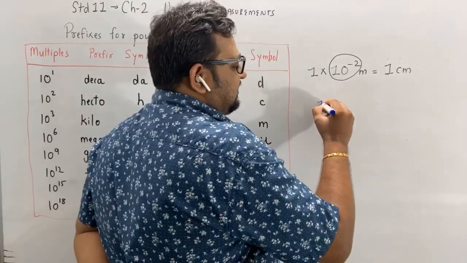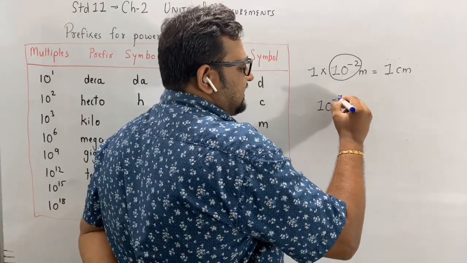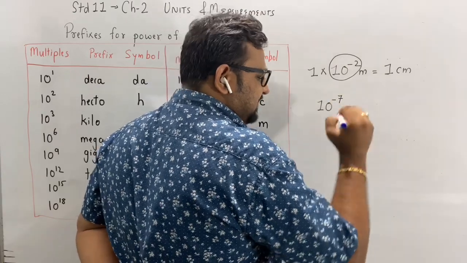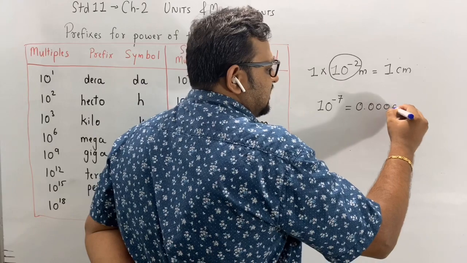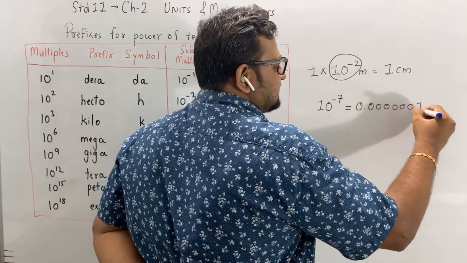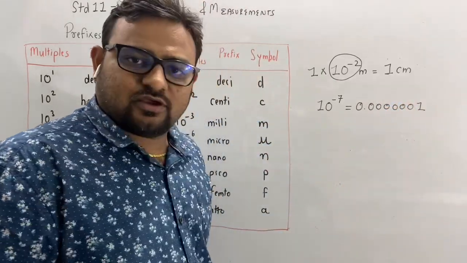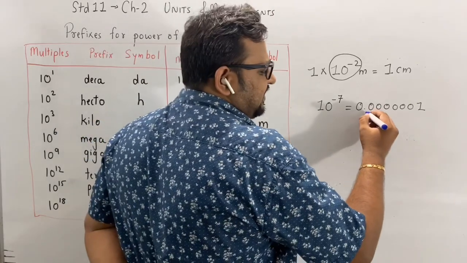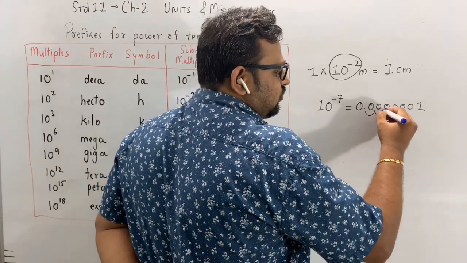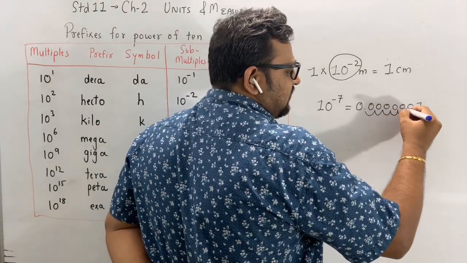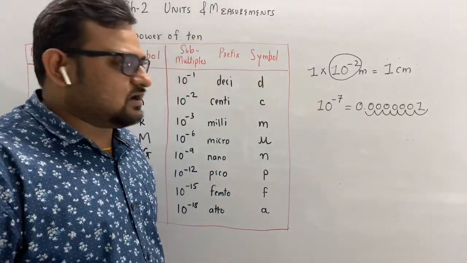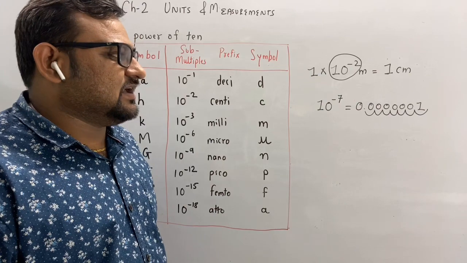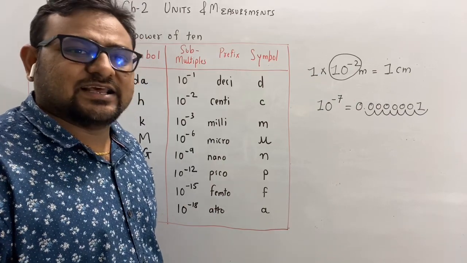If it is written 10 raised to minus 7, this means 0.1, 2, 3, 4, 5, 6, 7. See, I'm shifting the point 1, 2, 3, 4, 5, 6, 7. Clear? So that is 10 raised to minus 7.